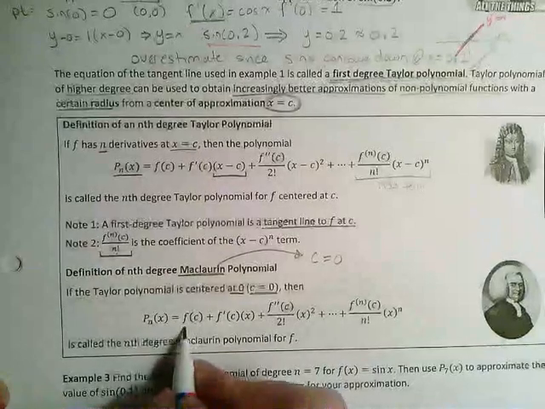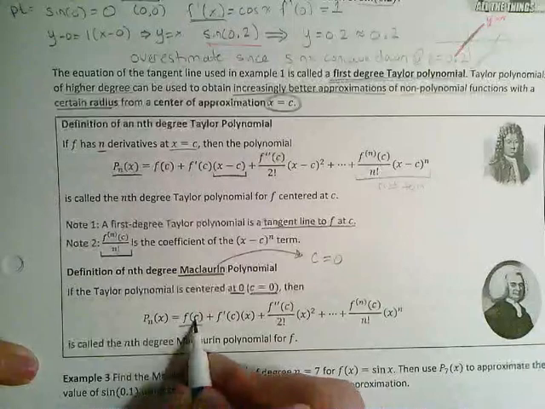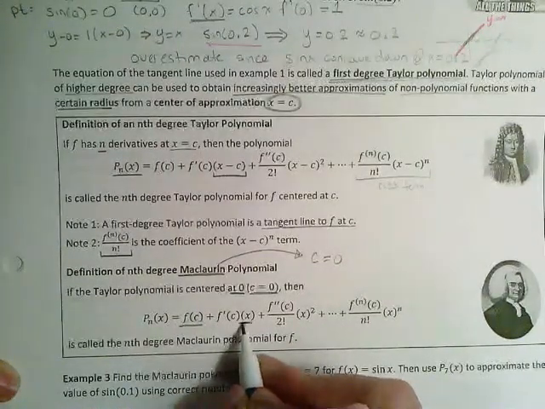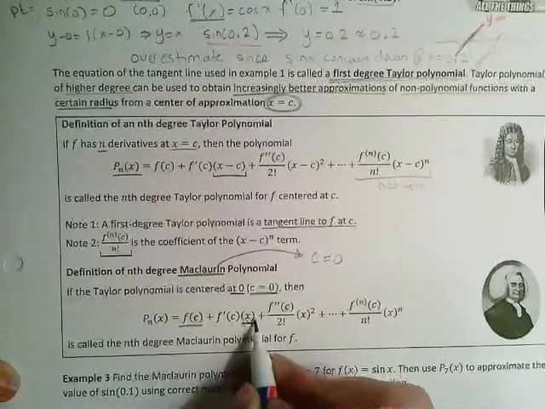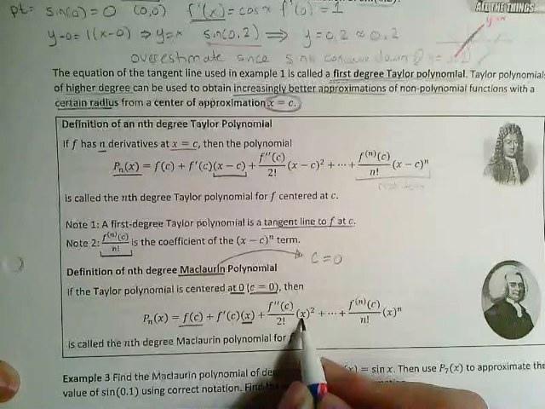And in this case, if the Taylor polynomial is centered at 0, it makes it a little bit easier. So what do you notice? If c is 0, it's still the function at c, the first derivative at c, but here's the main difference. What is x minus 0? Just x, right?